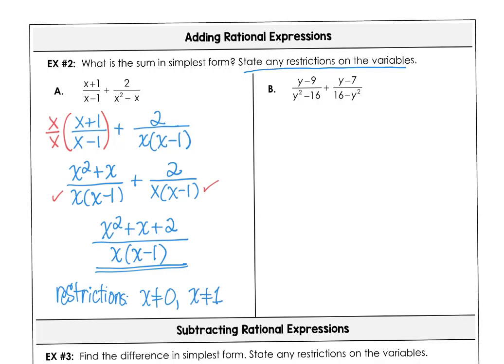In part B, the second denominator, we can pull out a negative sign and make that y squared minus 16. So this just becomes a subtraction problem. The first fraction is y minus 9 over y squared minus 16.